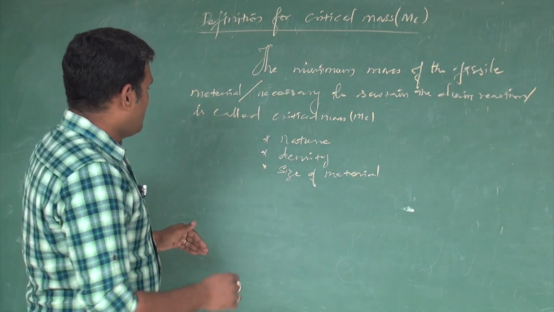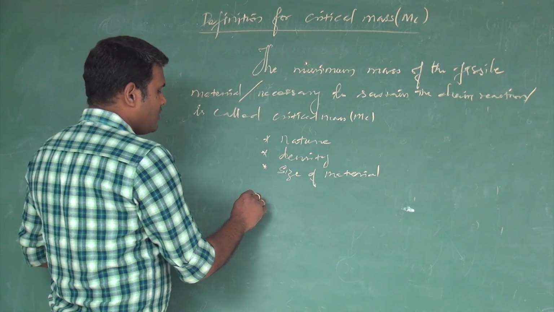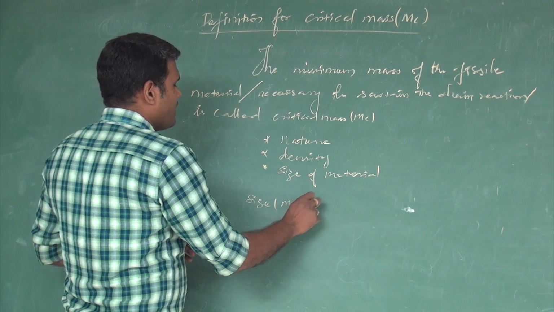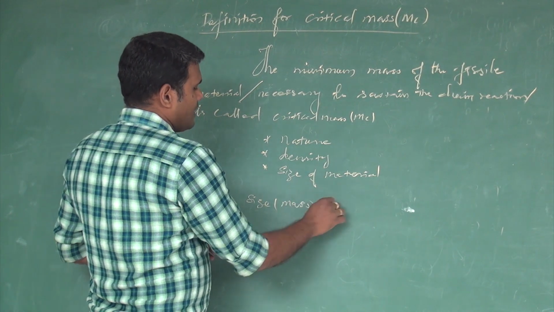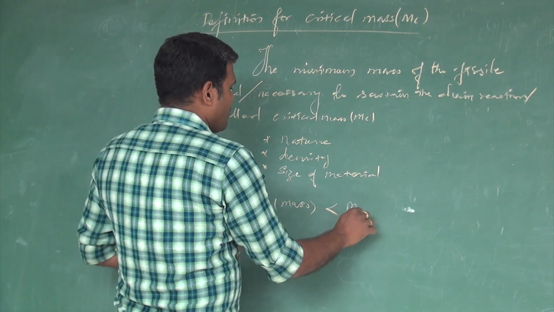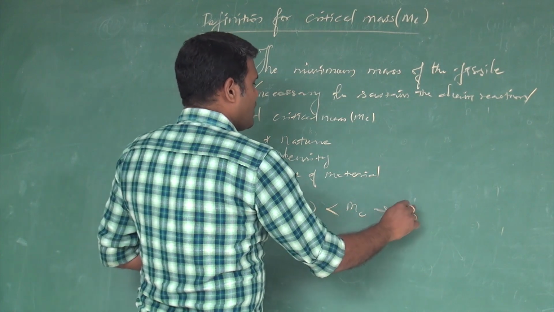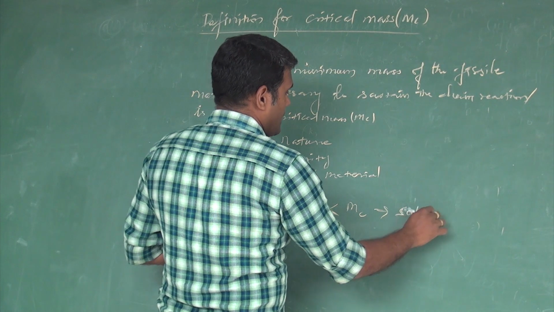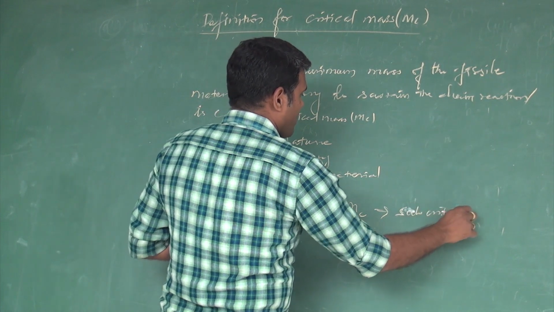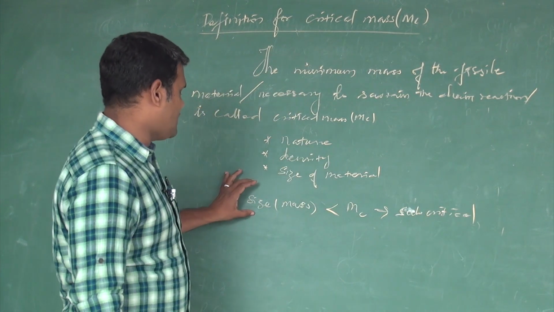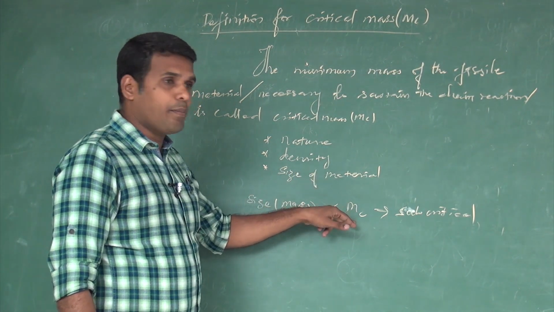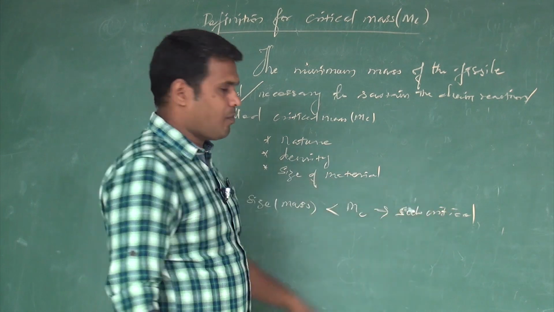Then if the size of the fissile material, or in other words the mass of the fissile material, is less than the critical mass MC, then we call this fissile material subcritical.